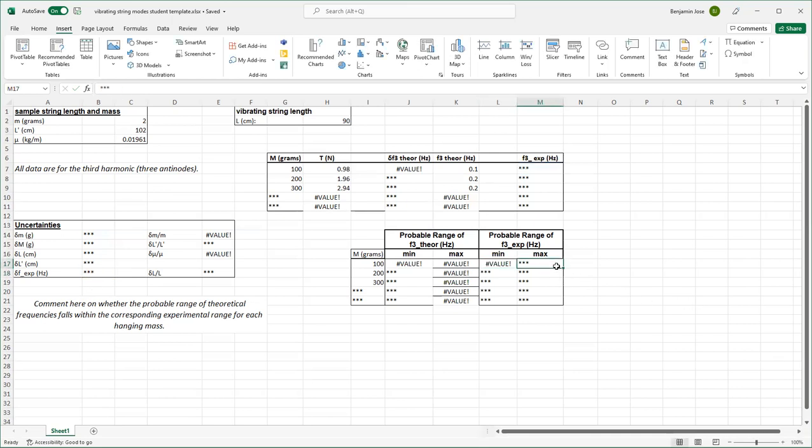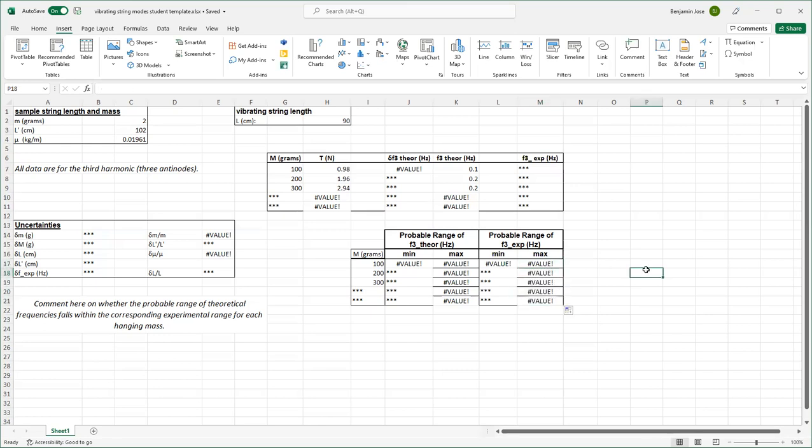Over here, you would add, again, the function generator might have said 56 hertz, but the best frequency could have been 57 because you discovered that as you went back and forth between 56 and 57, it was tough to tell which one really gave a higher amplitude of oscillation. So the one you wrote down plus the absolute uncertainty, absolute cell reference, hit F4, and then finish.